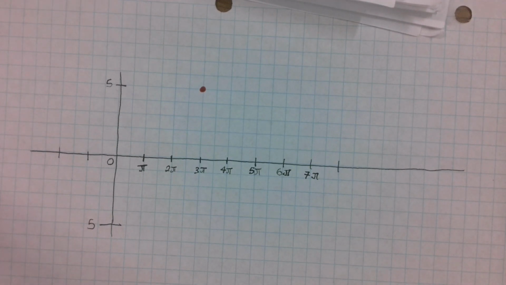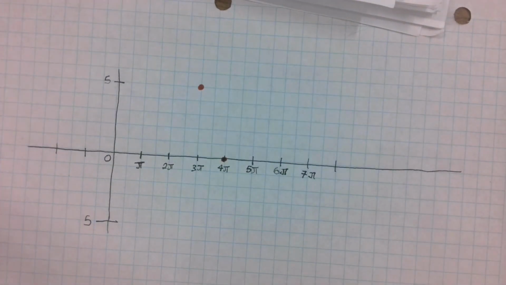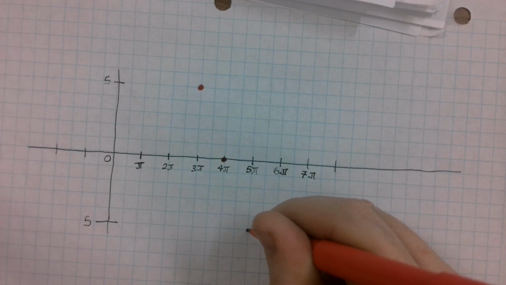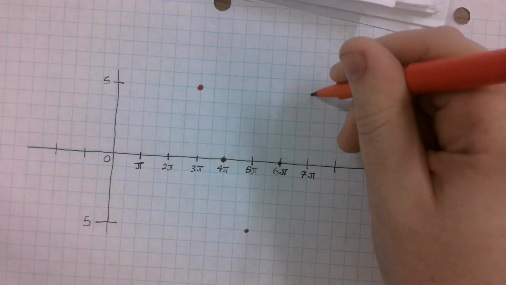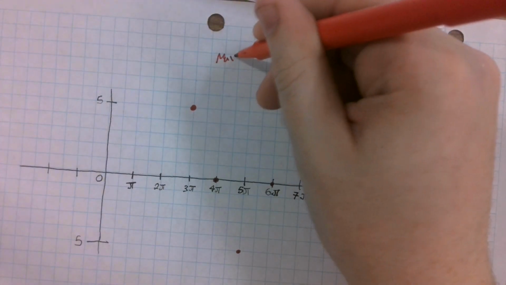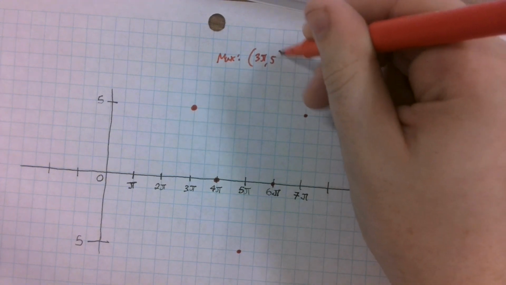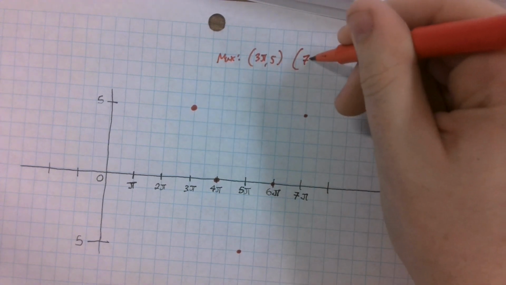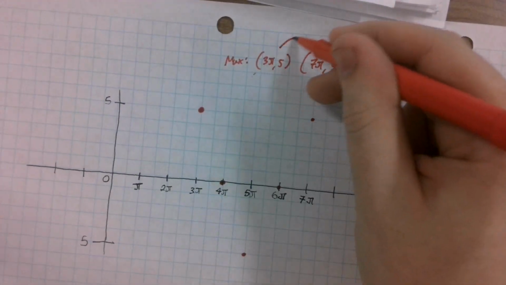The good news is, we know how to graph this since we've done it before. It goes from up, to the middle, to down, to the middle, to up again. In other words, we have maxima at (3 pi, 5), as well as (7 pi, 5). Notice once again that this is 1 period away.